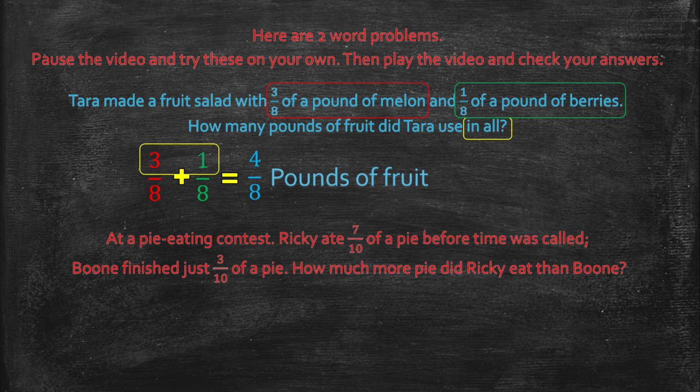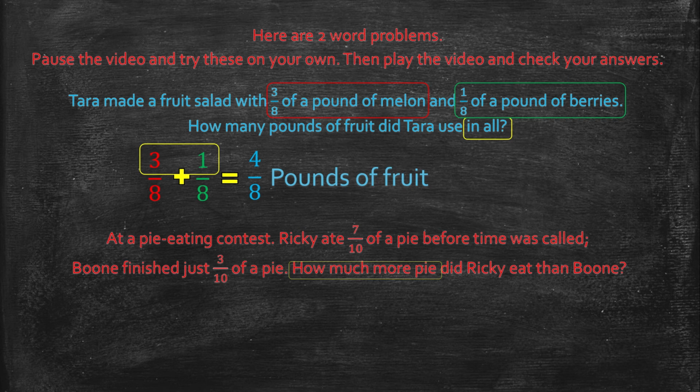Now, looking at the second problem, at a pie eating contest, Ricky ate 7/10 of a pie before the time was called. Boone finished with just 3/10 of a pie. How much more pie did Ricky eat than Boone? How much more?